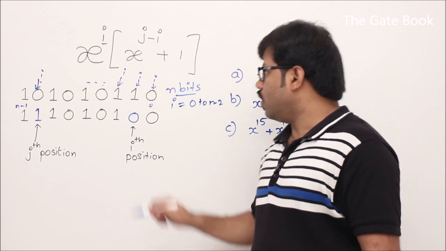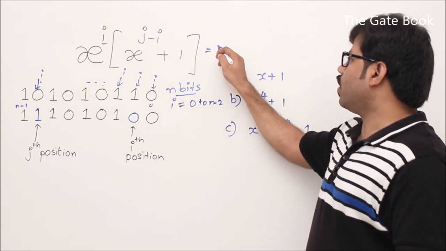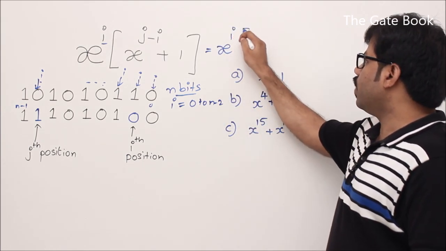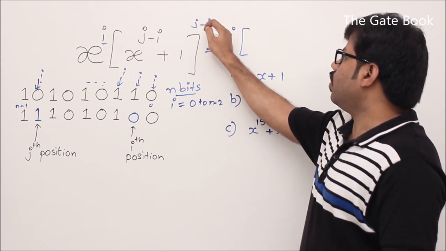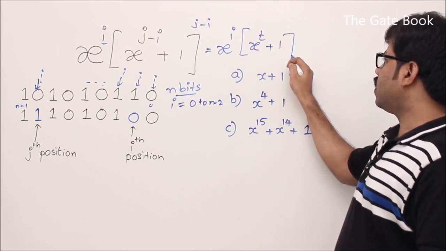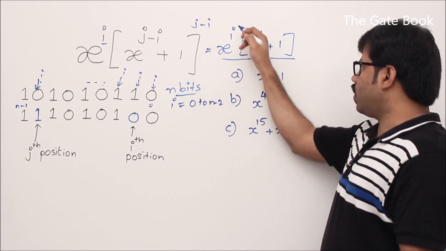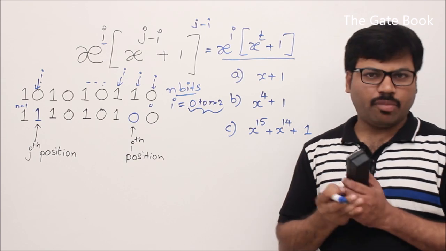Now let's write this x power i into x power j minus i plus 1 in a simpler form. That is x power i into x power, let's take j minus i as t, another variable. So x power t plus 1. Finally, our 2-bit error is represented as x power i into x power t plus 1, where i ranges from 0 to n minus 2.